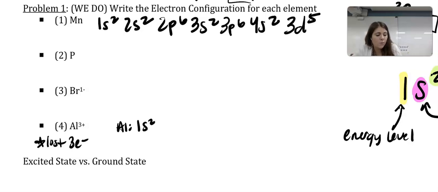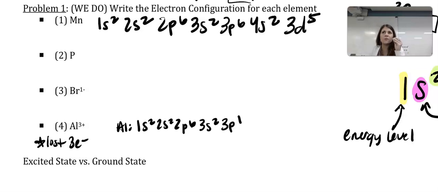So here, the 1s2 is complete. Then the 2s2, 2p6 is complete. And then I have 3s2 and 3p1 because aluminum's the first one in the 3p. Now I need to remove 3 electrons because of that positive 3 charge. So here we always remove electrons from the furthest energy level.